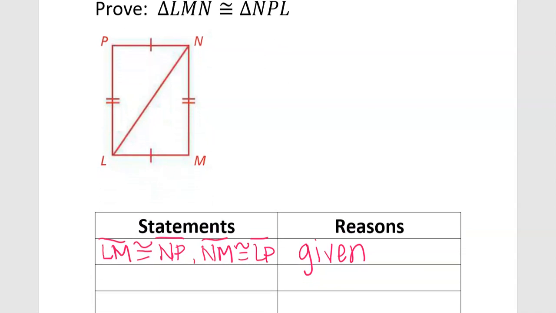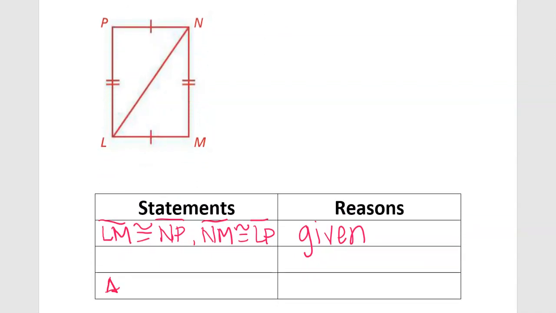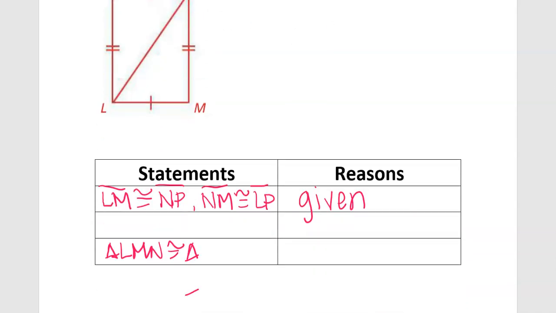Also, the last step, LMN congruent to NPL. We don't know the reason. So really, even if you had no idea what you were doing, you would get 3 out of the 6 points right here, which is pretty good. You got a 50% already.